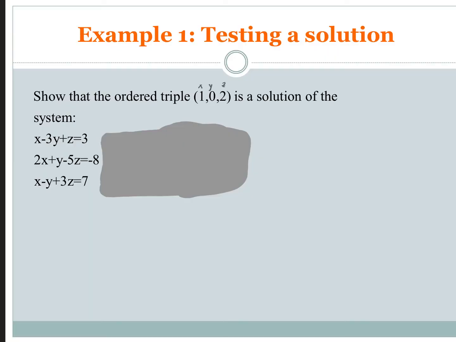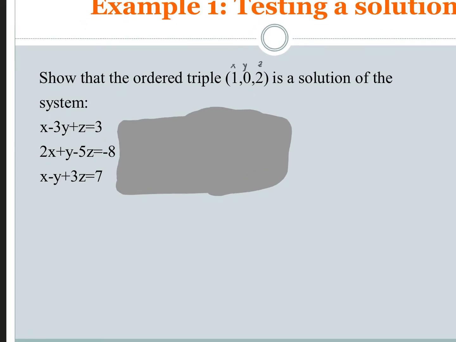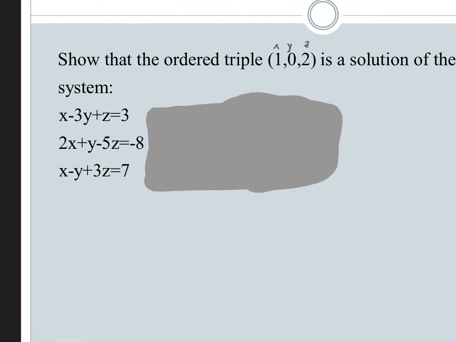For our next example, we're just showing that the ordered triple is a solution. So it gives us 1, 0, 2. That 1 is our x, the y is our 0, and the z is 2. So we're going to plug these in for each of these equations and see if they give us true statements. So we're going to start with the top equation, that x minus 3y plus z is equal to 3.